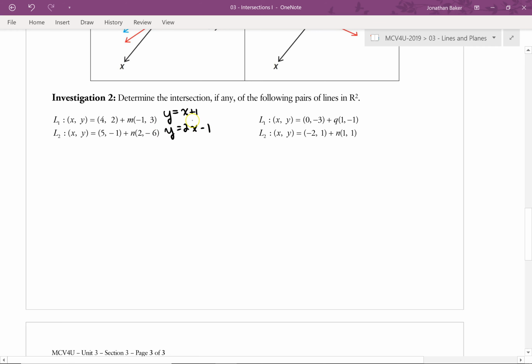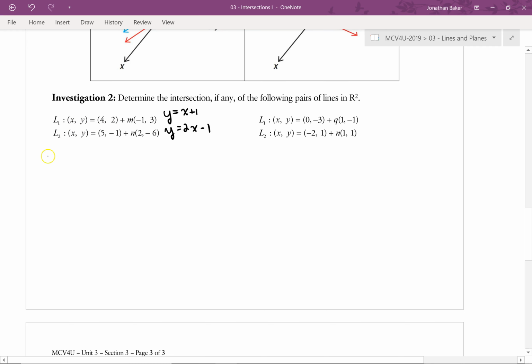Equating them is the way to go, and it's the same strategy for both 2 and 3 space when you're working with vector equations. You could use this whole process in 2 space, write these in Cartesian form and then equate them, but you can also just equate the vector equations.